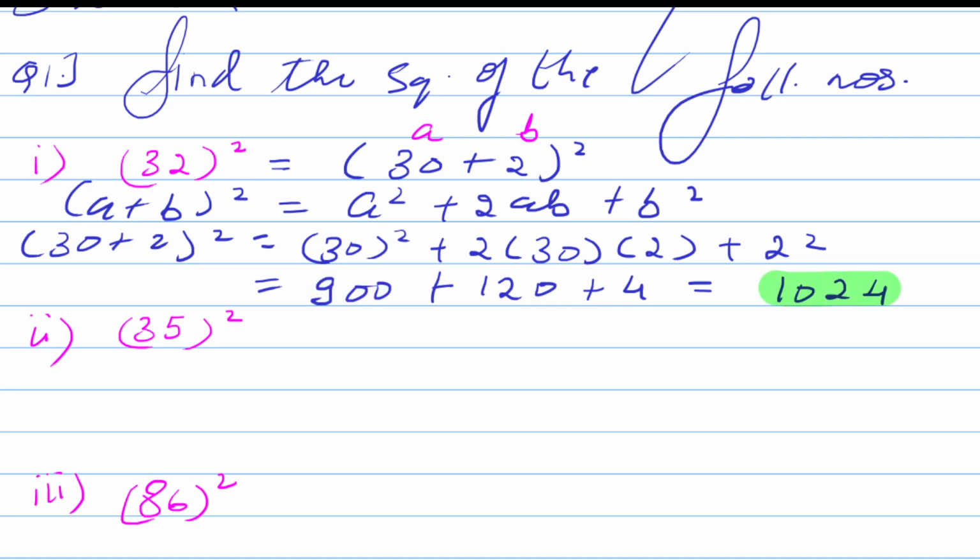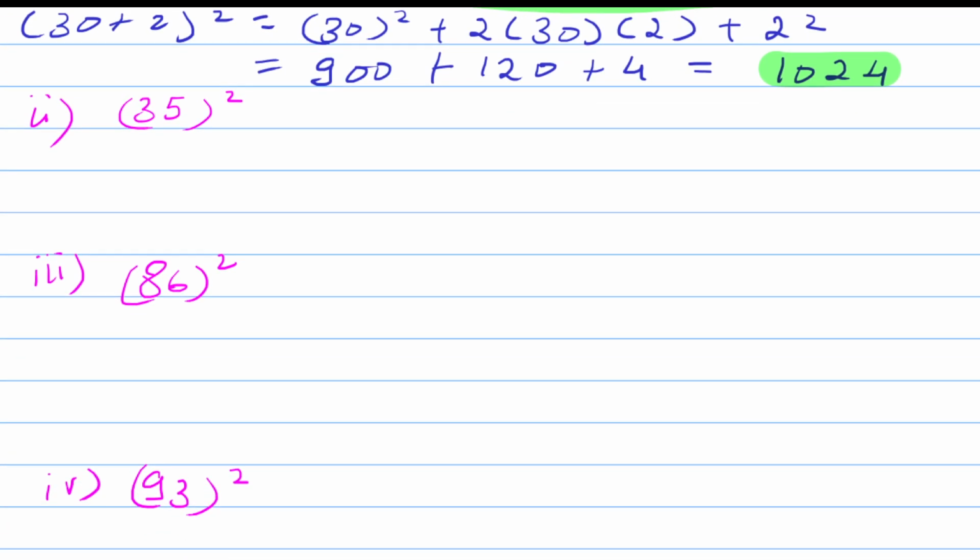So 1024 is your final answer, and the formula we used for that is a plus b whole square. We will be using the same formula for all upcoming questions. So let's address the next question: 35 square. Again, 35 can be written as 30 plus 5 whole square.